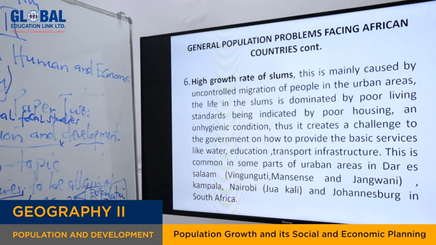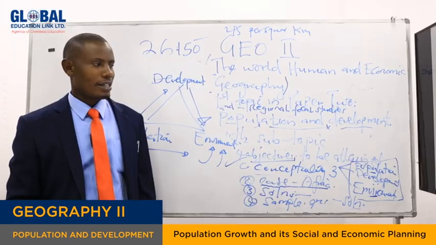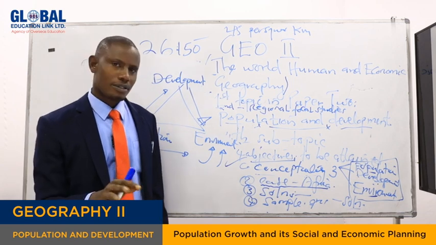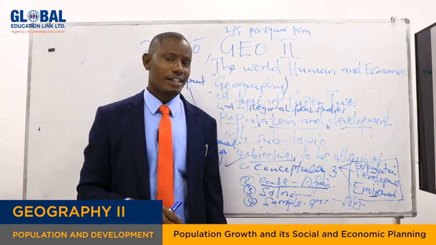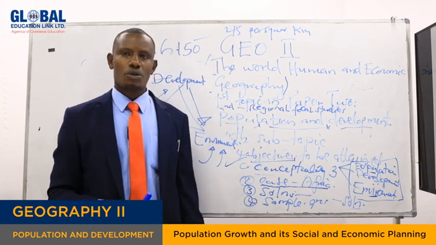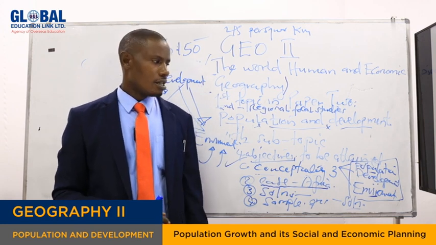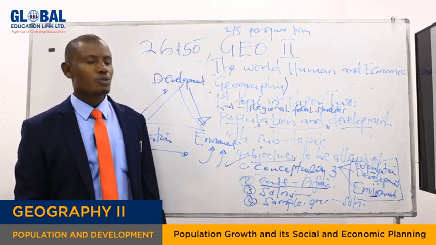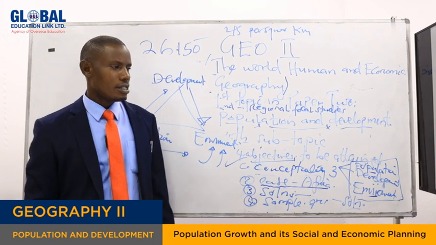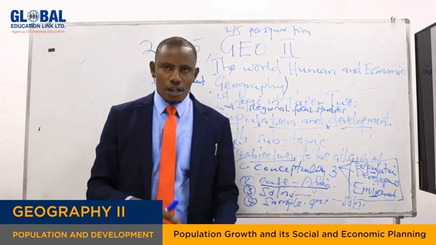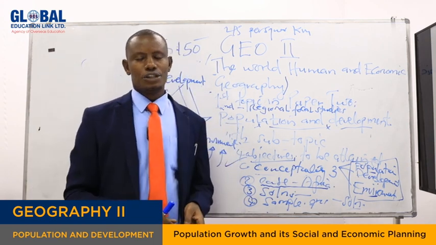This creates a challenge to the government on how to provide basic services like water, education, transport, and infrastructure. This is common in some parts of urban areas. For instance, in Dar es Salaam, we have specific areas like Vingunguti, Manzese, and Jangwani. But also, we can talk about Kampala in Uganda; they have specific slums. If you go to Kenya, you find there is Jua Kali. But again, in South Africa, we have so many slums in Johannesburg.